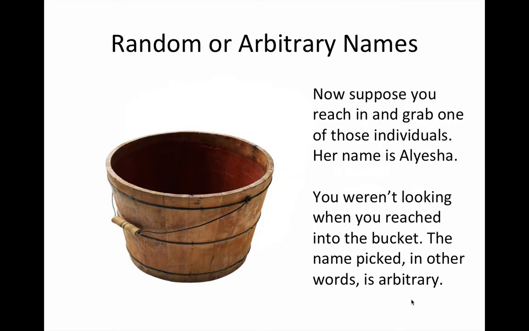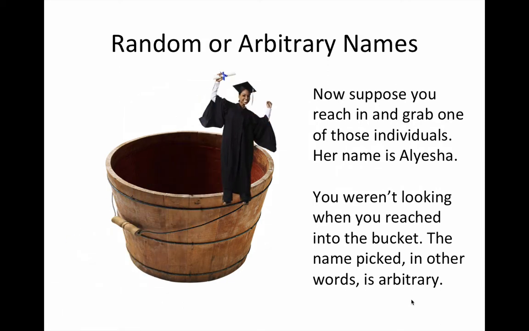Now, suppose that you reach into that bucket and you grab one of those individuals. Let's say her name is Alyosha, right? So when you reach in and you grab a name, and this name is Alyosha, you have now got your assumptive or randomly assigned name.